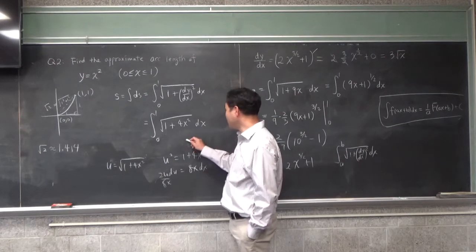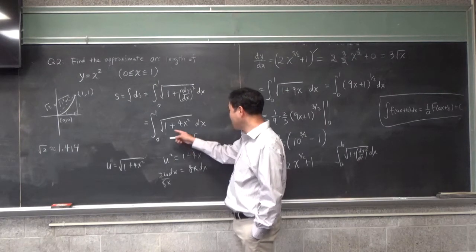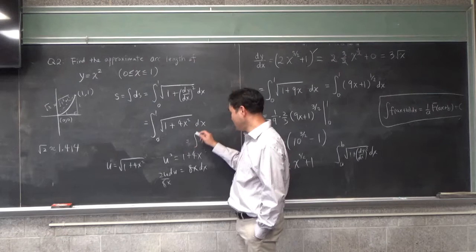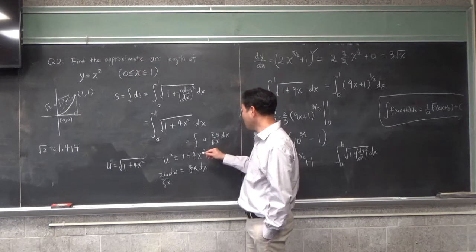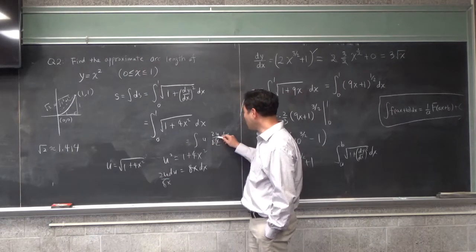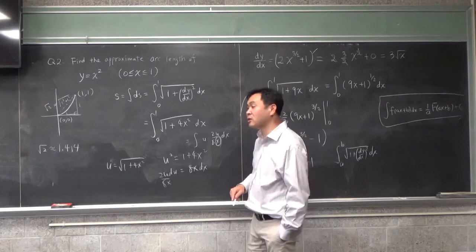Then you can rewrite dx as 2u over 8x du. You get something, but you still have an x that's not canceled out.